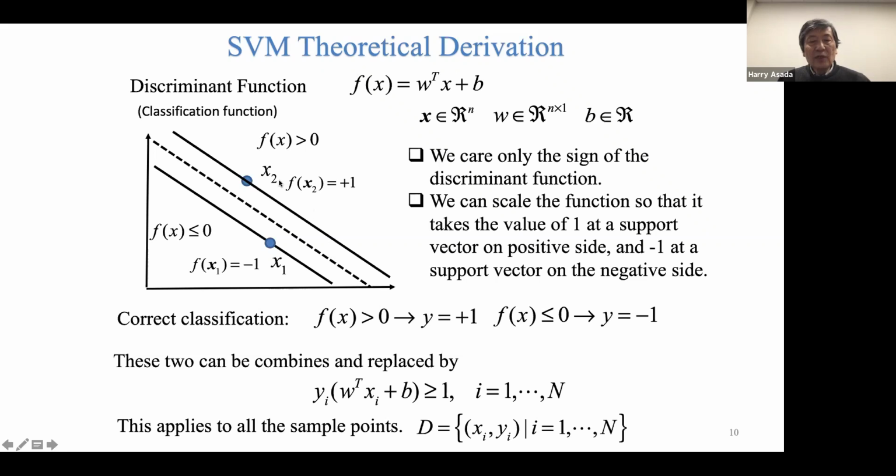We scale this boundary point to +1, so the higher the point is, larger than 1, +1 times something greater than 1 makes this greater than or equal to 1. On the other hand, if this is a negative value, that's why y takes the negative value, but lower than -1, the product between the two should be greater than or equal to 1. And we require all the sample points, i equal 1 to capital N, to satisfy these conditions.